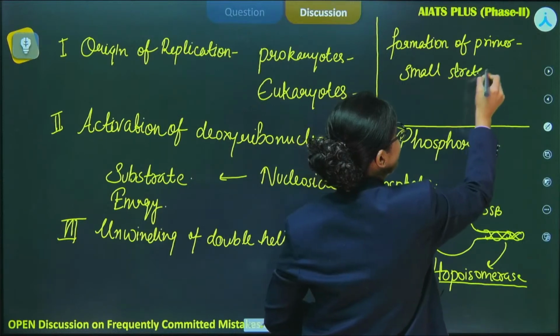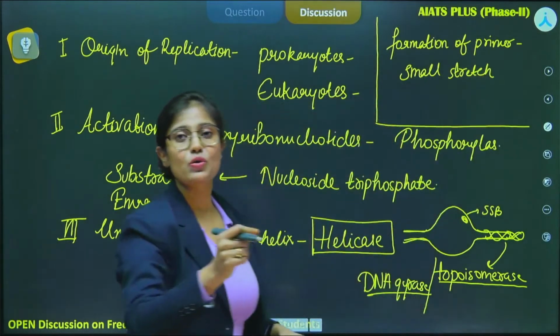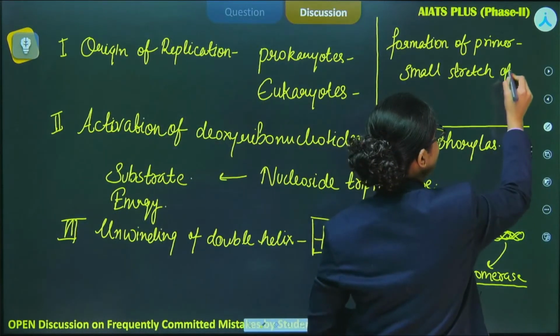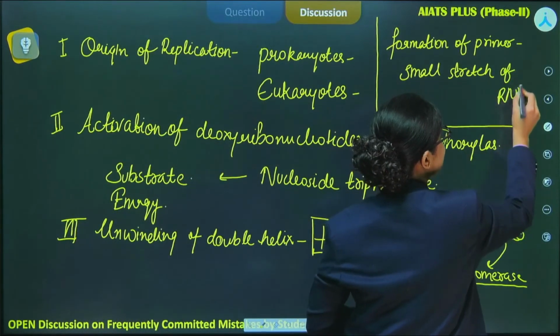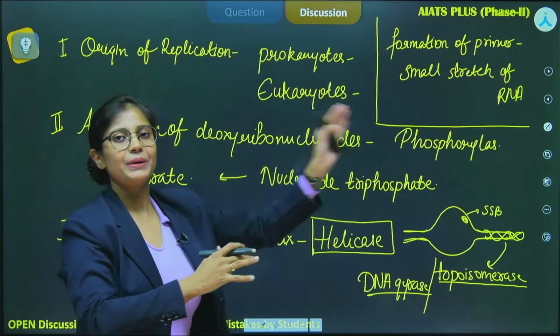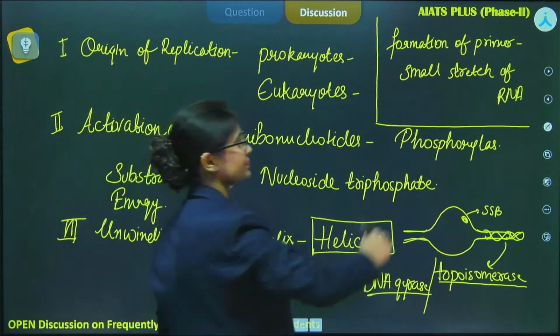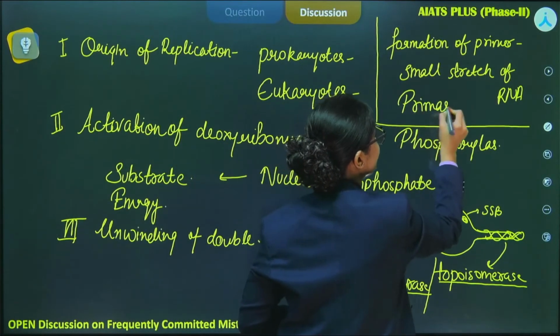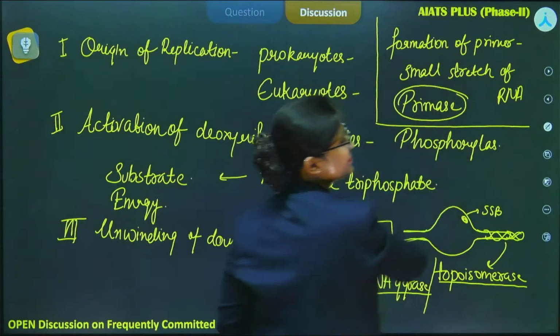Right, so this will basically be the stepping stone for DNA replication. And this will fall off once the initiation of DNA replication gets started. The enzyme involved here is primase.